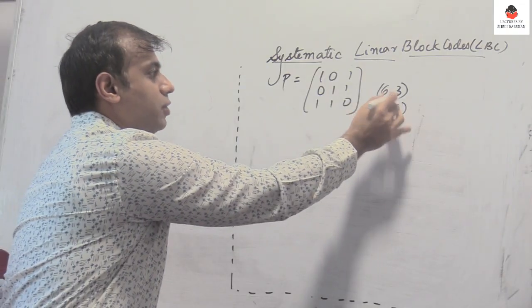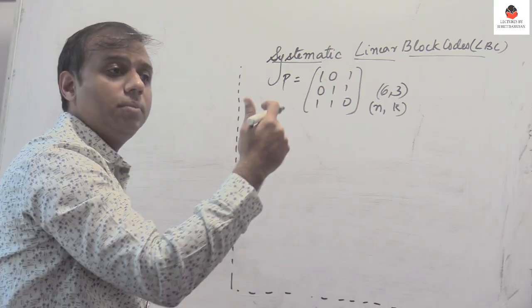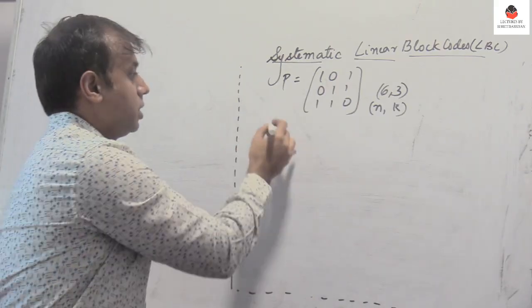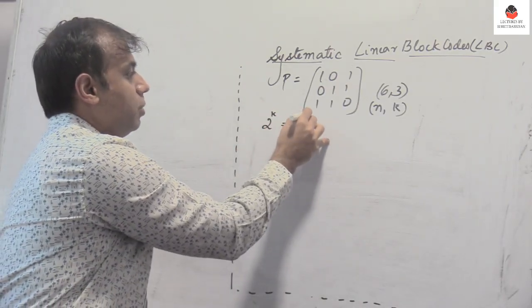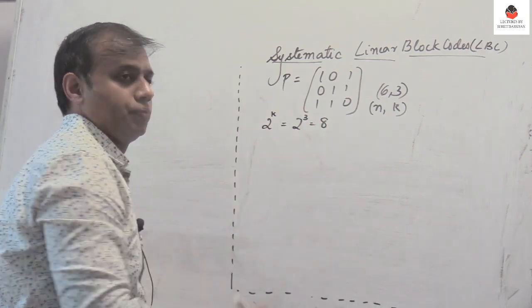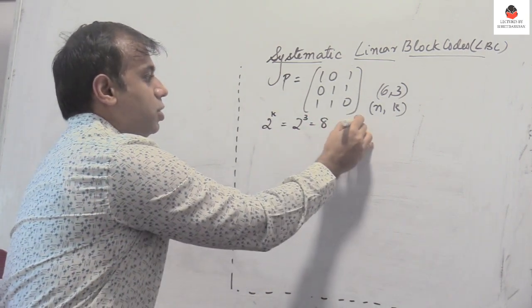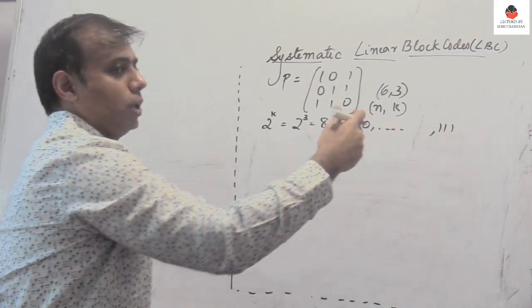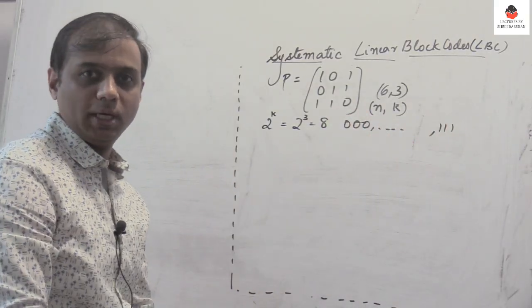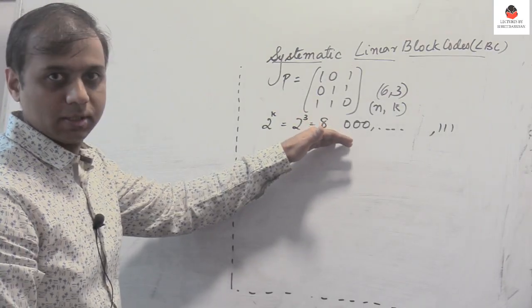Now, since the length of the message is 3 bits, how many possible messages can we have? That is given by 2 power k, which is 2 power 3 equal to 8. So what are they? It is 0, 0, 0 up to 1, 1, 1. All possible combinations, 8 possible combinations.